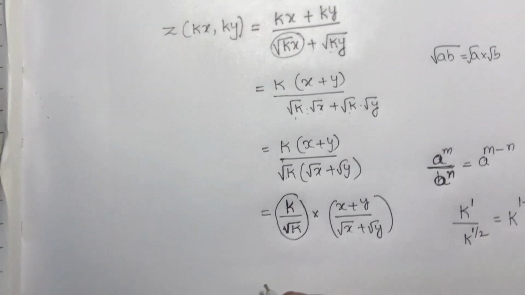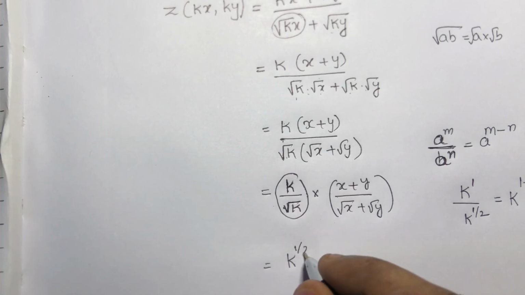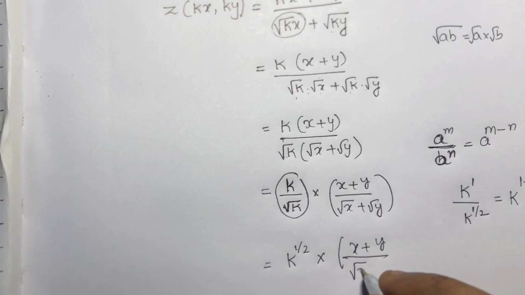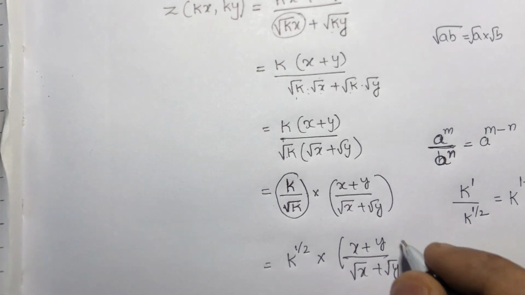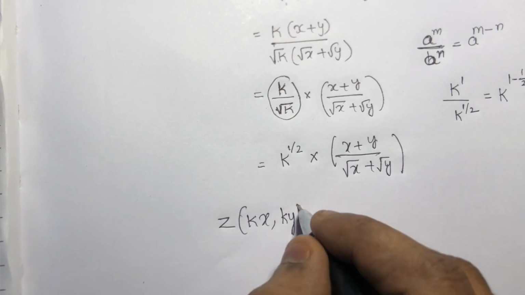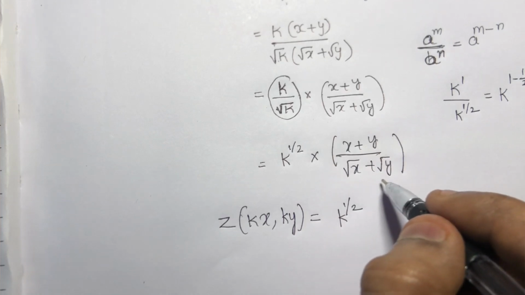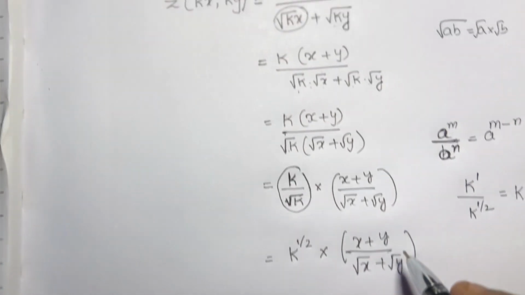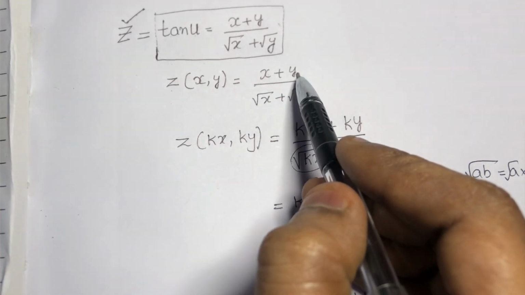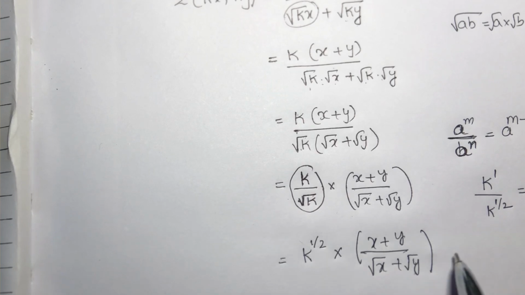So I can write this total part as k to the power of 1 by 2 into (x plus y) by (root x plus root y). So I finally got z of kx comma ky equal to k to the power of 1 by 2 times z of x comma y, which is what we assumed initially, z of x comma y equal to (x plus y) by (root x plus root y).